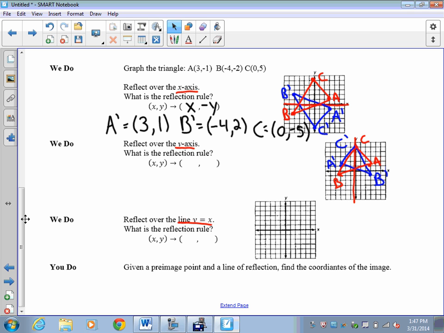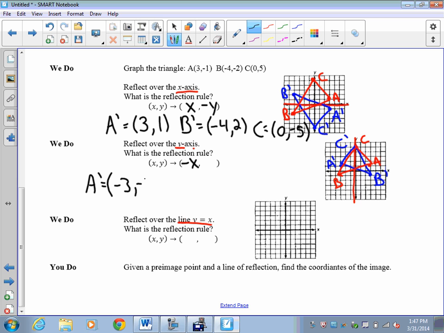So let's think about what happened there. This time our y coordinates did not change. Remember, x coordinates did change. They became negative x. So for example, our pre-image, A was 3, 1. Now it became negative 3, and we didn't change the y.